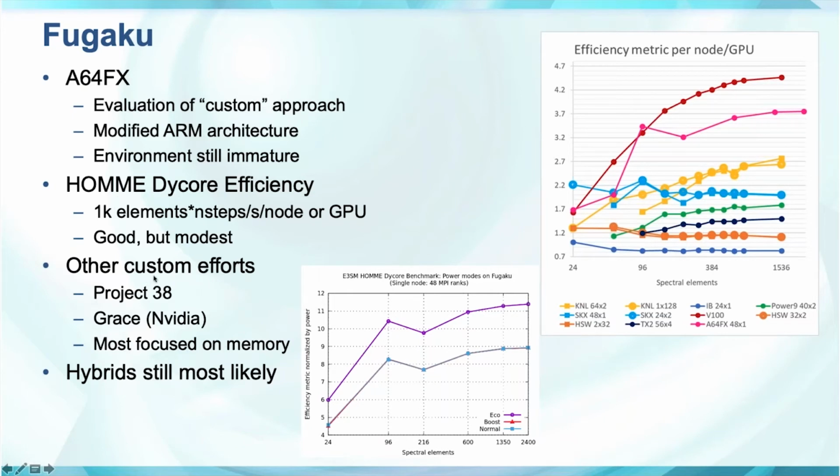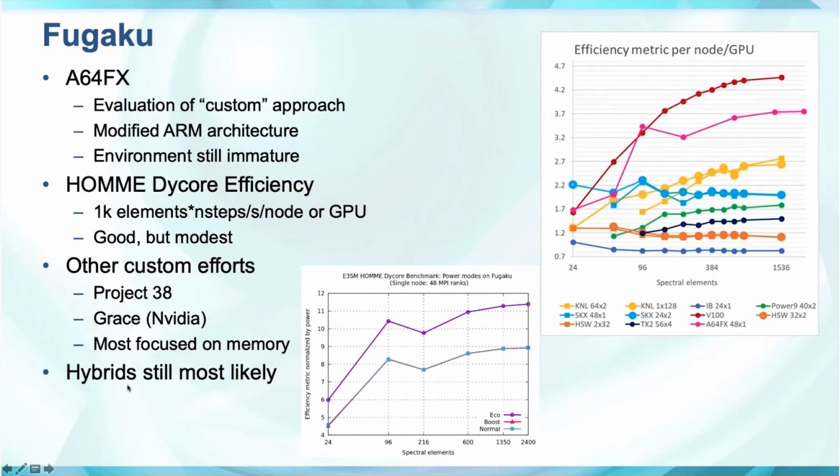So there are other custom efforts that we're tracking. There's one called Project 38. That's a DOE intelligence agency partnership. There's a partnership for some labs with NVIDIA for this Grace processor. Both of these efforts are really focused on high-speed memory and having a large, fast memory to try to get around some of the memory bottlenecks in the system.